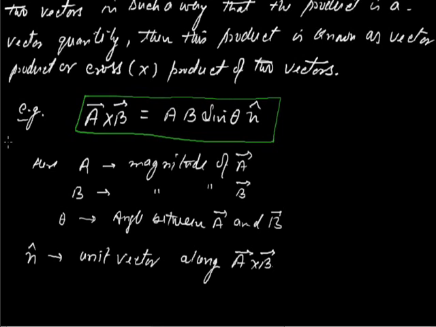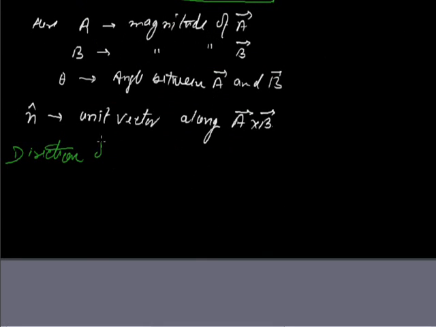Now the direction of A cross B is given by the right hand thumb rule.